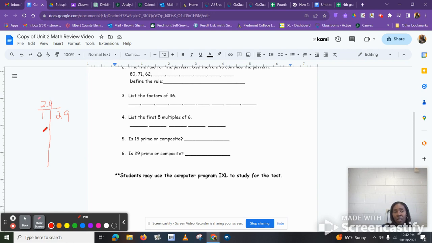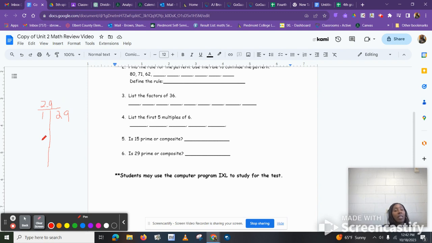So I could think about 4. Well, for a number to be a multiple of 4, that number definitely has to be an even number. And 29 is not an even number, so 4 can't be multiplied by anything to get 29. And what about 5? Well, I know that in order for a number to be a multiple of 5, it has to end in a 5 or a 0. 29 doesn't end in a 5 or a 0, so it's not going to be divisible by 5.